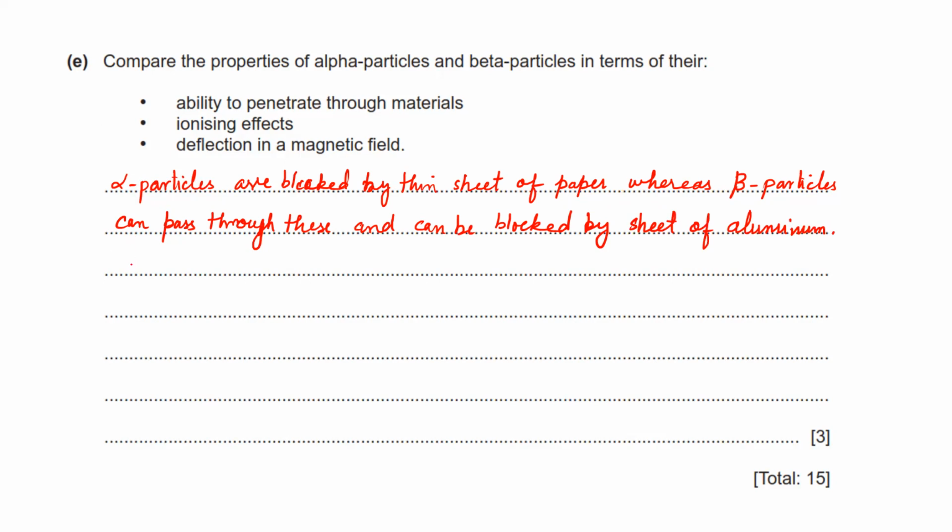Number 2, ionization effect. Alpha particles are more ionizing than beta particles. Part 3, deflection in a magnetic field.